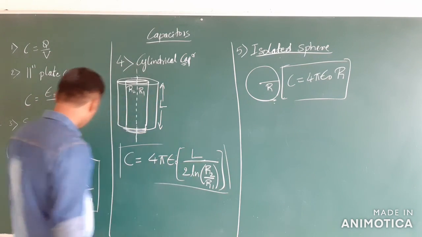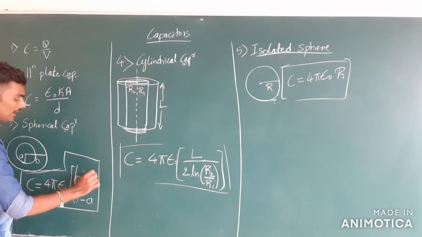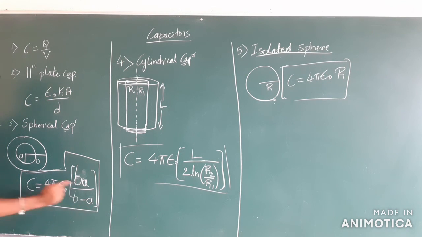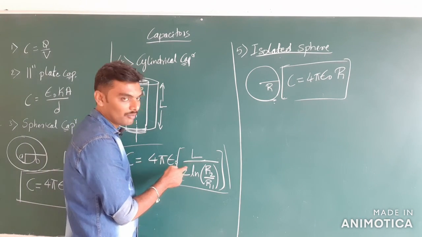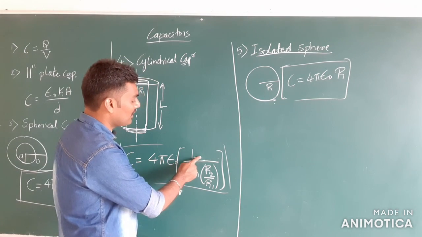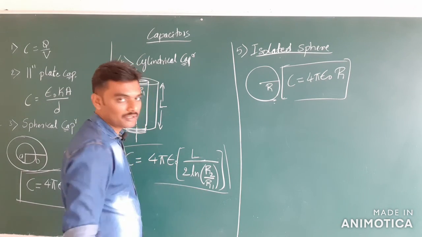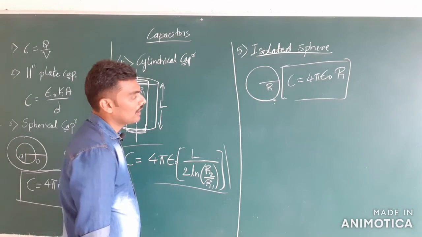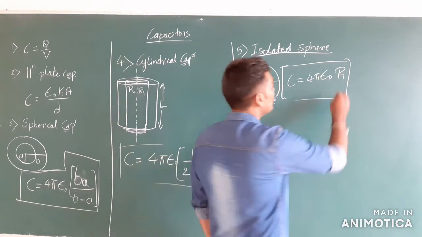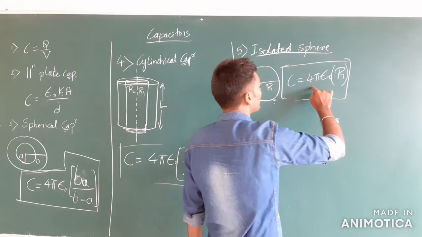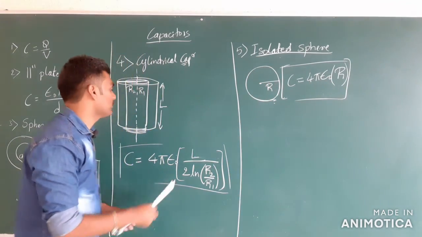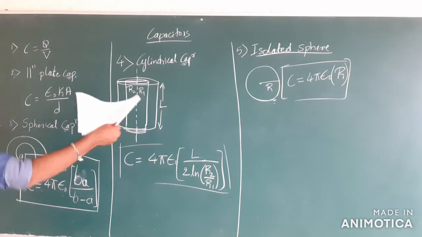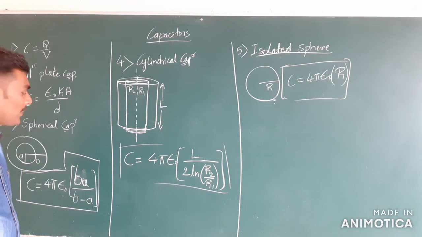And with that 4 pi epsilon naught, the spherical capacitor has BA by B minus A, the cylindrical capacitor has L by 2 ln R2 by R1, and the isolated sphere is simply R. 4 pi epsilon naught is common for all the three: spherical, cylindrical and isolated sphere.